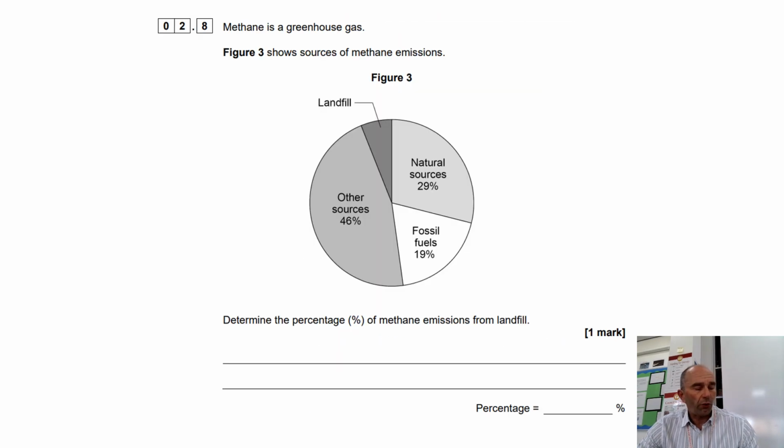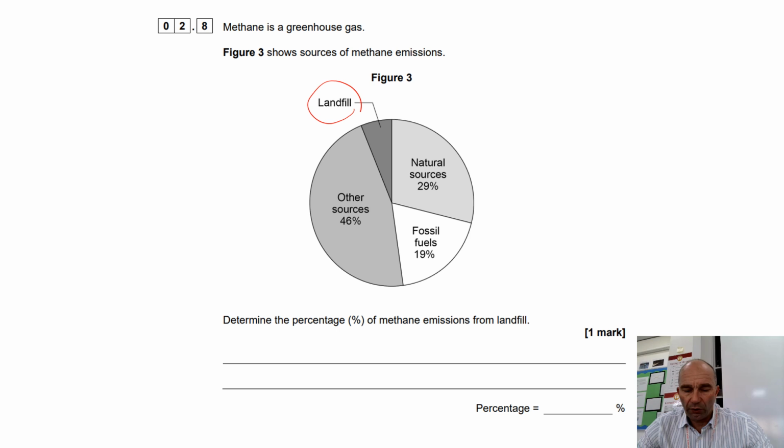And then 2.8, we've got, again, another greenhouse gas is methane. Figure 3 shows the different sources of methane emissions. So you've got other sources, 46%, fossil fuels, 19%, and you've got natural sources, 29%. Landfill is our unknown. We need to determine the percentage of methane emissions from landfill.